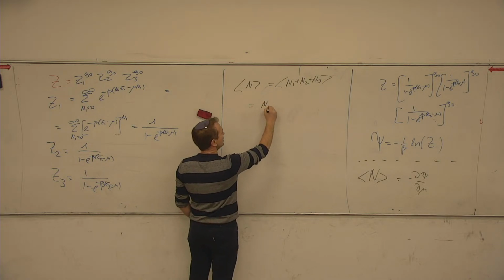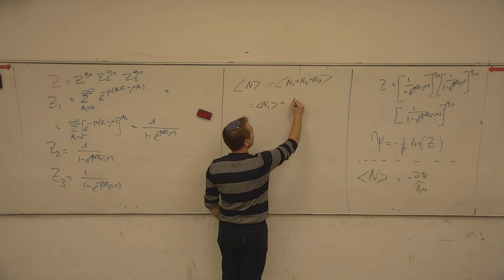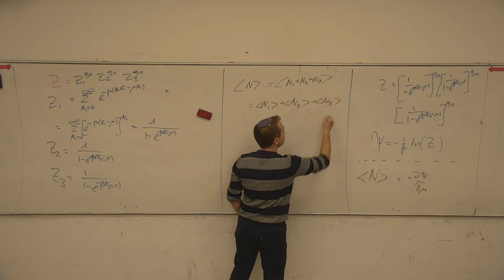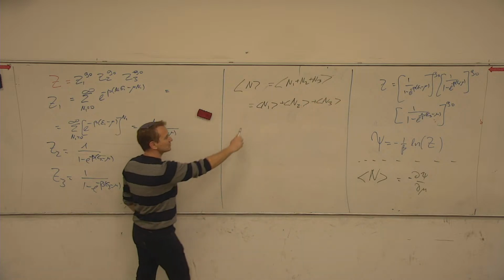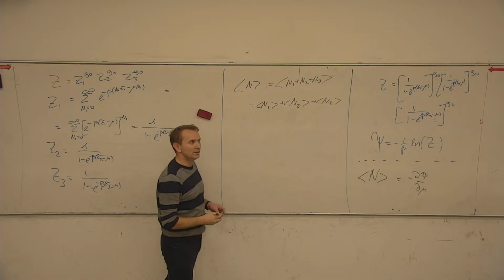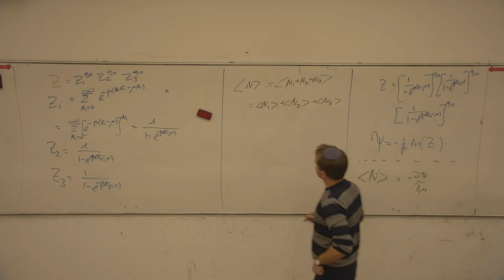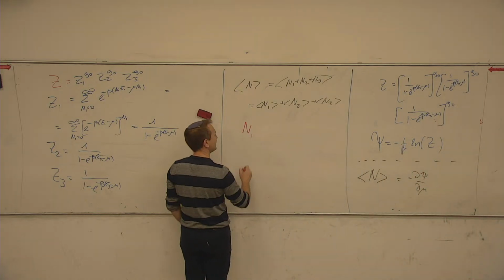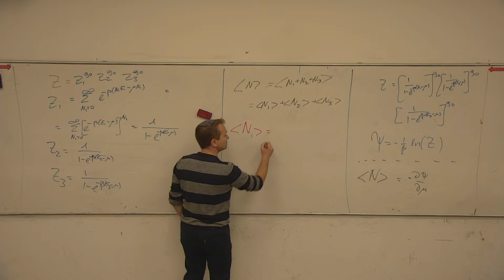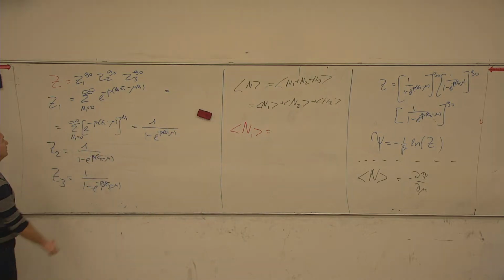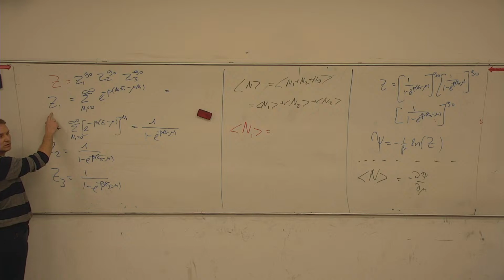So this is n1 average plus n2 average plus n3 average. And I need to compute the average for each different state. What is n1 average? I can describe it by using Z1 or using the definition.